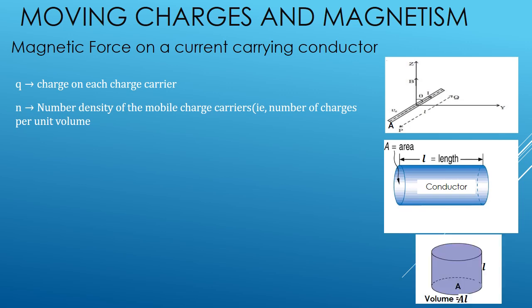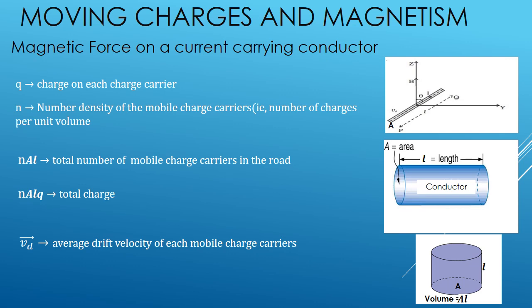For a cylinder, if the base area is A and L is the height, then volume of the cylinder will be A into L. So, in our case, in unit volume, we have n number of charges. That means for AL volume, the number of charges will be n into A into L.